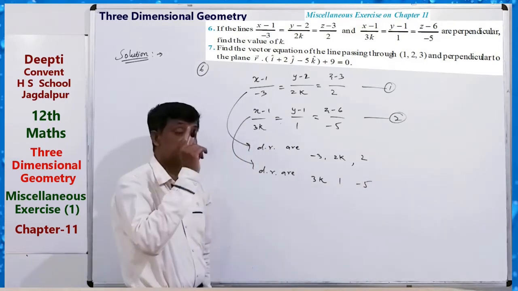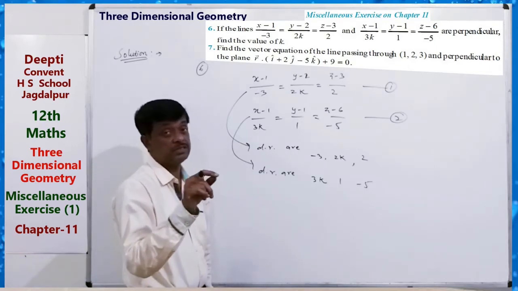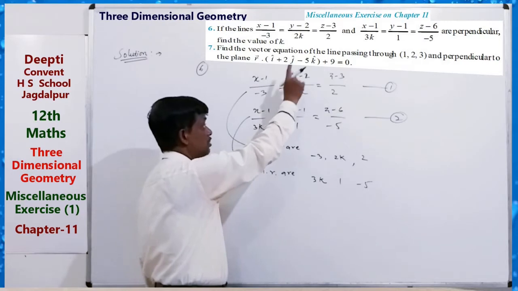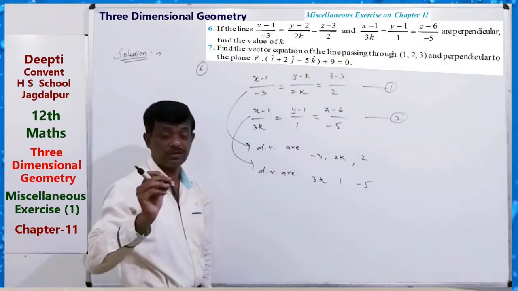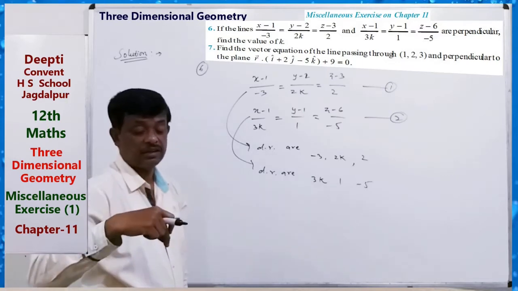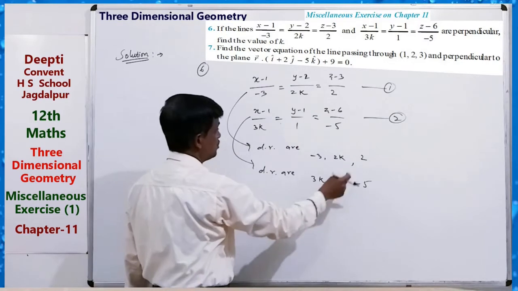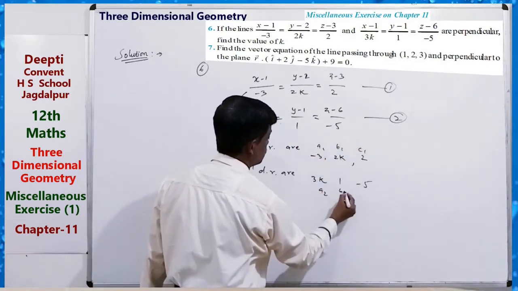Just write in the standard form, which means the coefficient of x is 1, of y is 1, of z is 1. Then the denominators are the direction ratios. So these are A1, B1, C1 and A2, B2, C2.